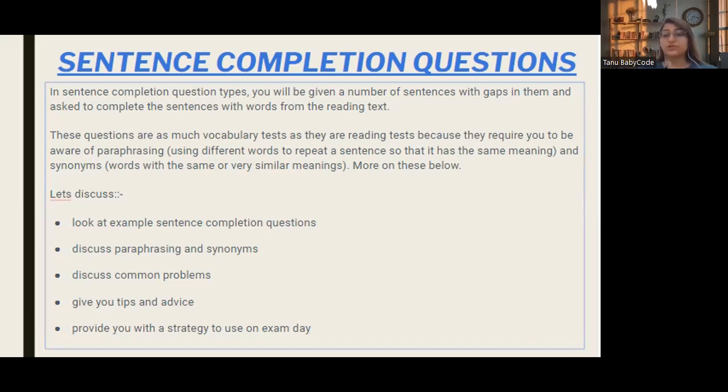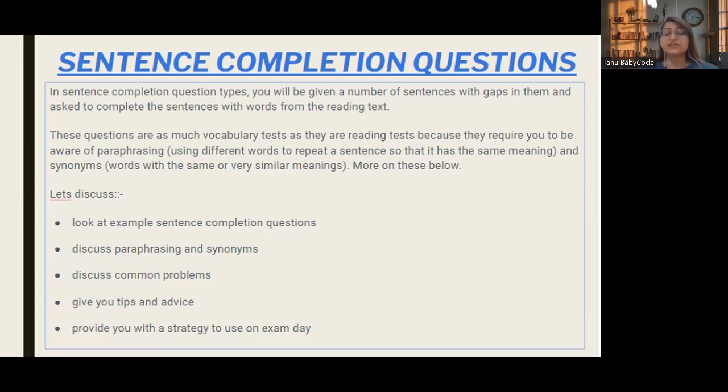These questions are as much a vocabulary test because they require you to be aware of paraphrasing. You will get different paraphrasing here, different words, but you have to understand the meaning and look for the synonyms to find the answer.